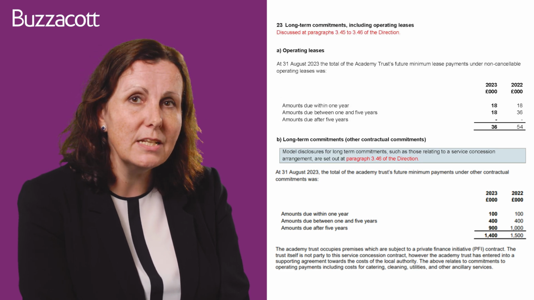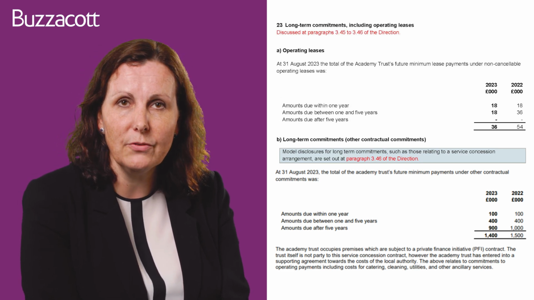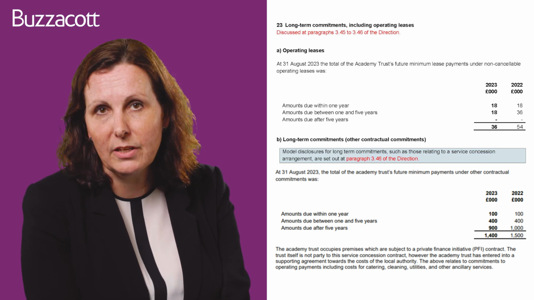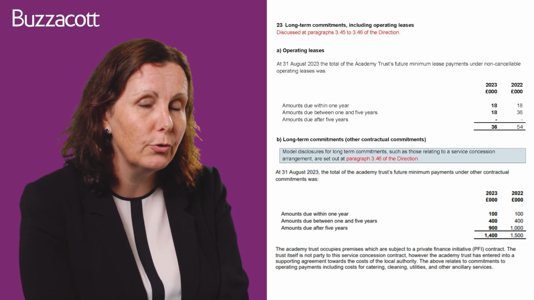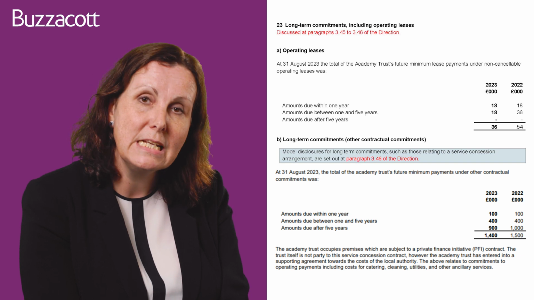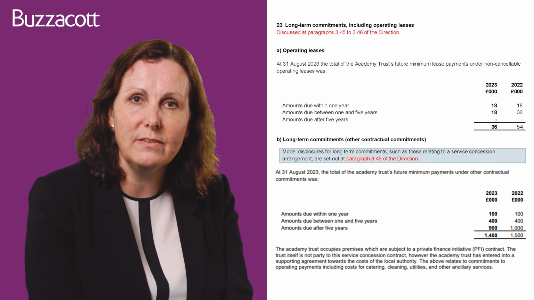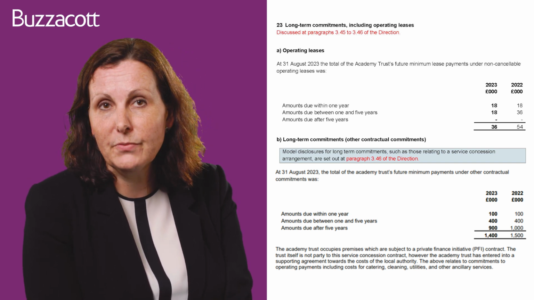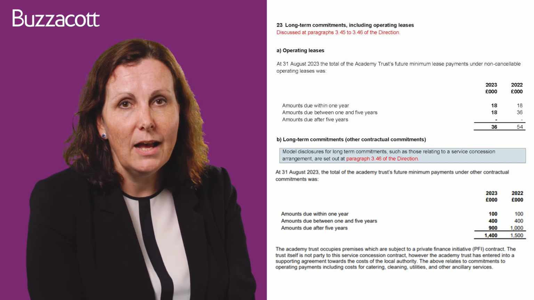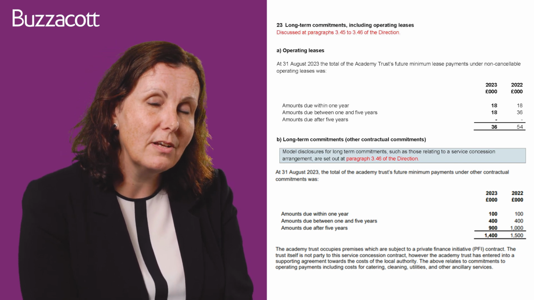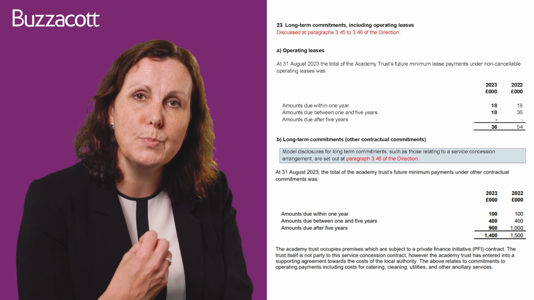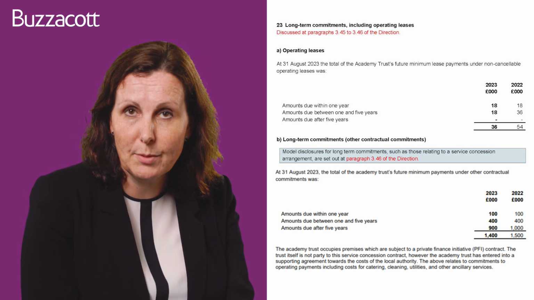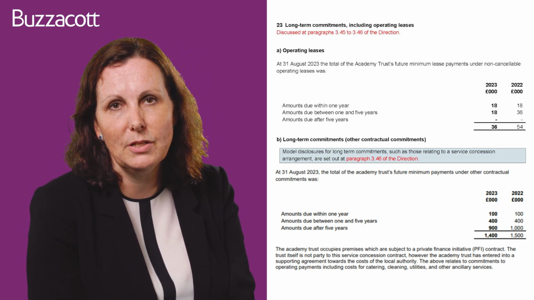So finally, just in terms of other notes to the accounts, many of these are relevant if you're a multi-academy trust and have a number of schools or academies within the trust together with the central office. Number of additional disclosures required here. And there is a section of the accounts direction guidance that looks at the specific disclosure requirements for multi-academy trusts.